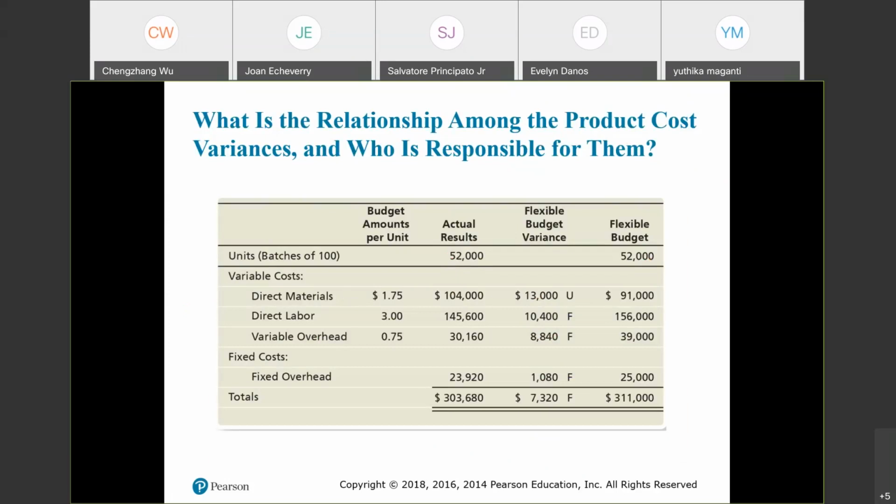They are duplicated here for ease of reference. So next, let's try to describe what happened to cause these variances.